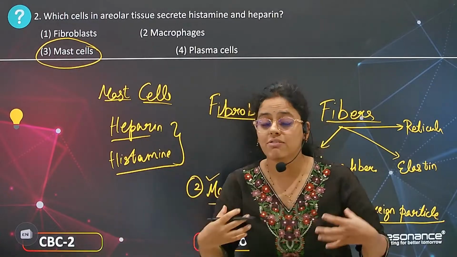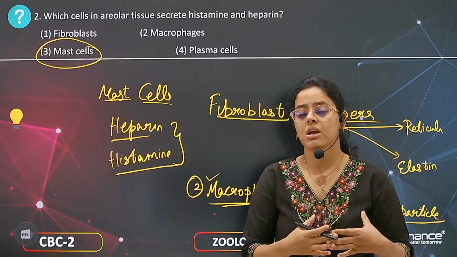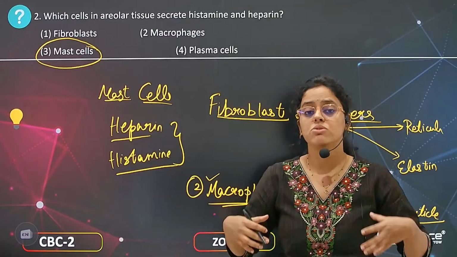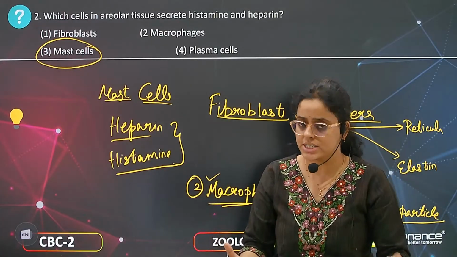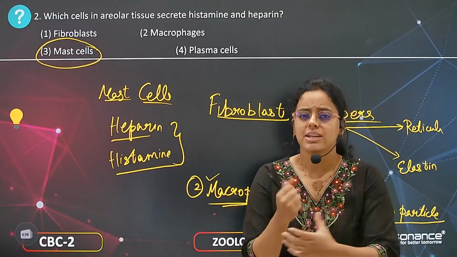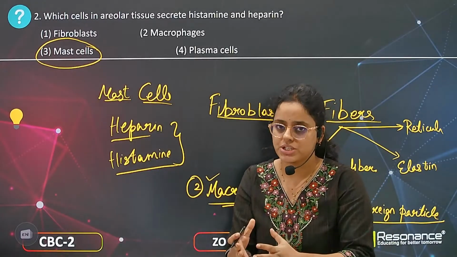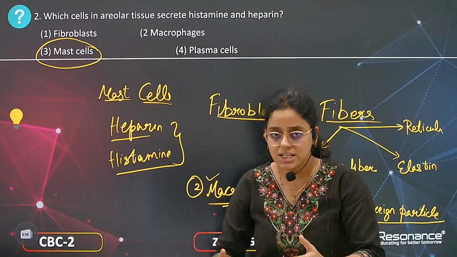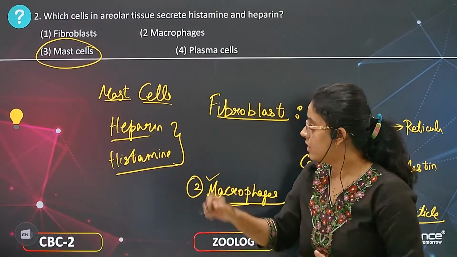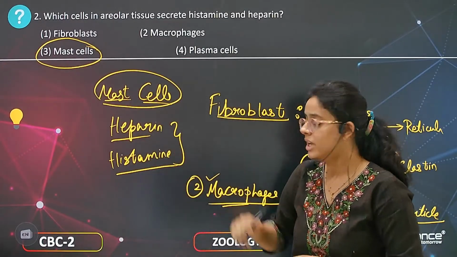They cause inflammation. Whenever you have any infection, viral, protozoal or bacterial, your body reacts to it. You get fever, swelling, pain in your legs, arms or head. These are signs of inflammation, which means the body is alerting that we are suffering from an infection. So mast cells are secreting heparin and histamine.